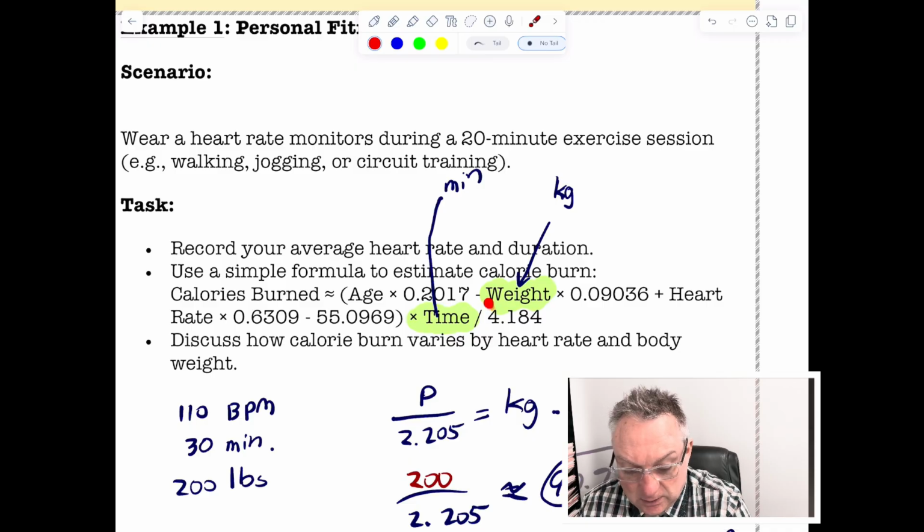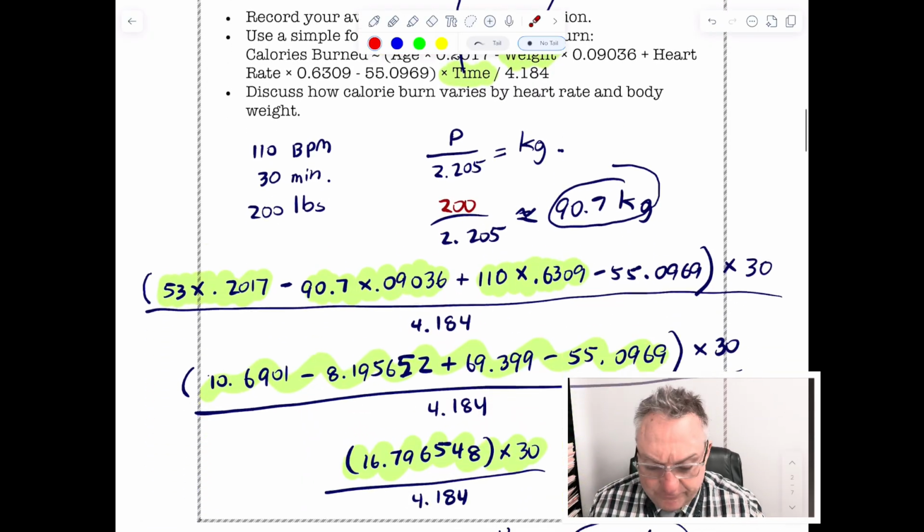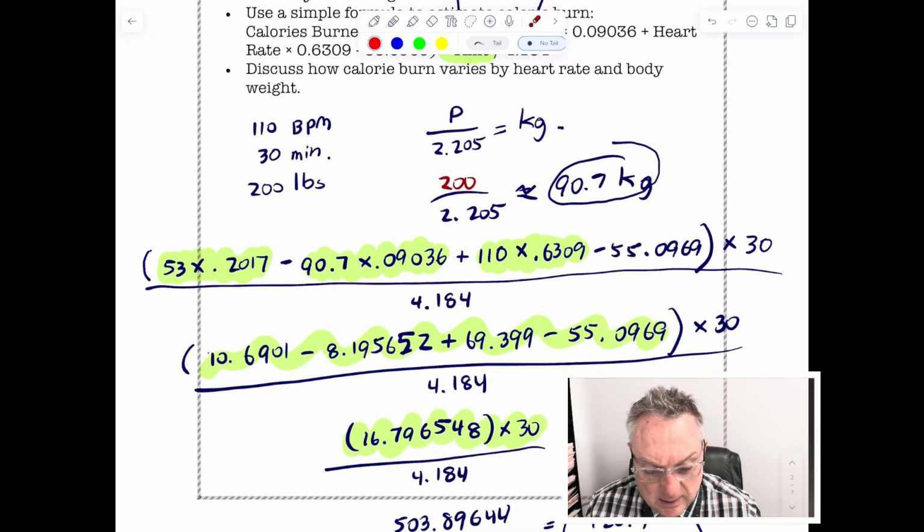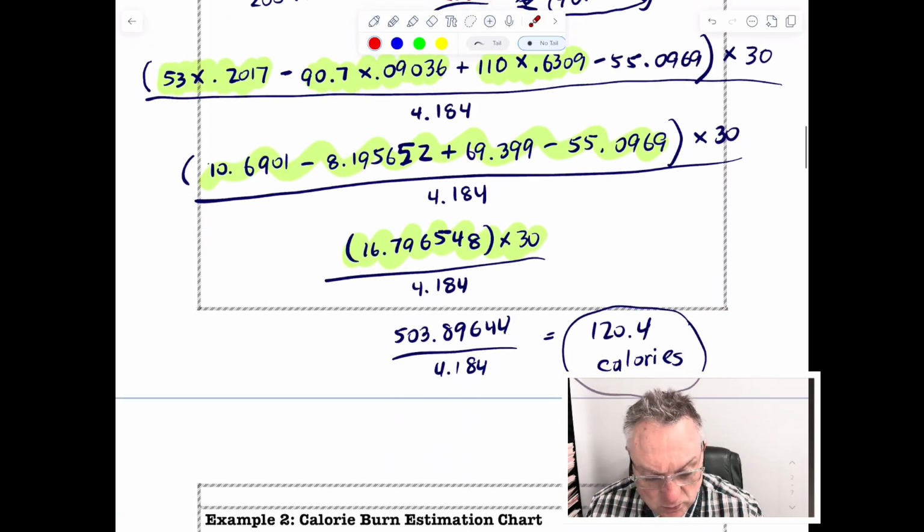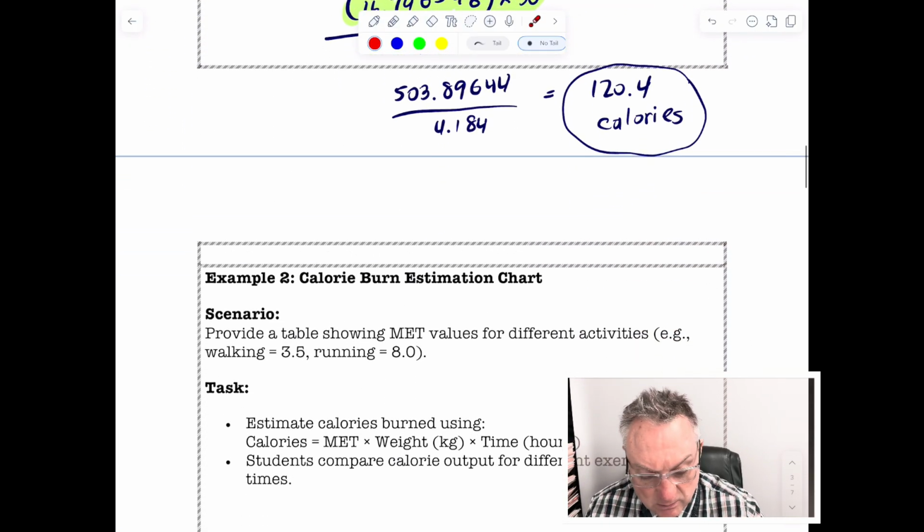If your weight increases, that gets subtracted. So if you multiply your weight by its constant, you get a smaller number up top here. We've already investigated that formula, but again, it's a scenario where you look at your training time and your heart rate.